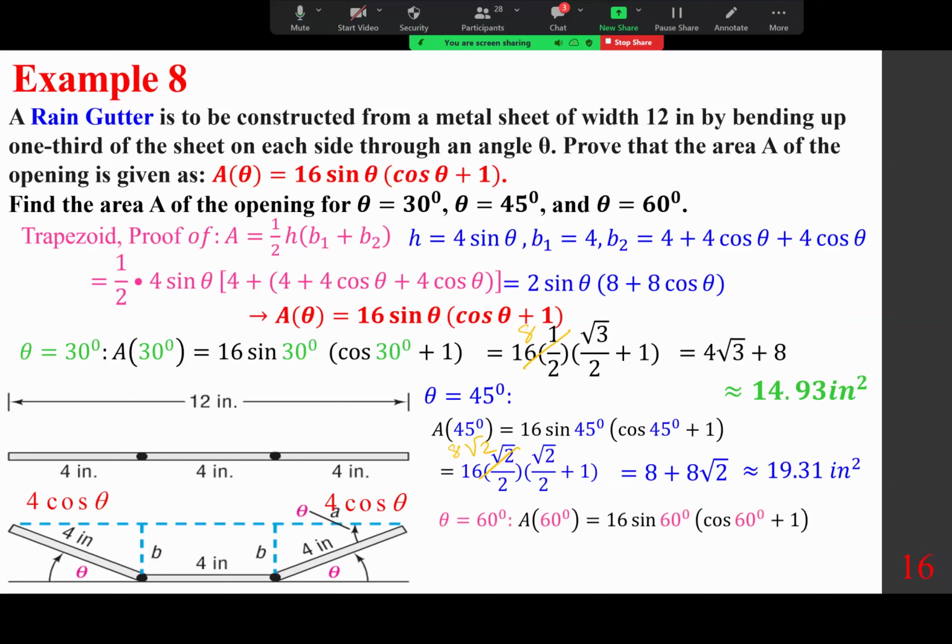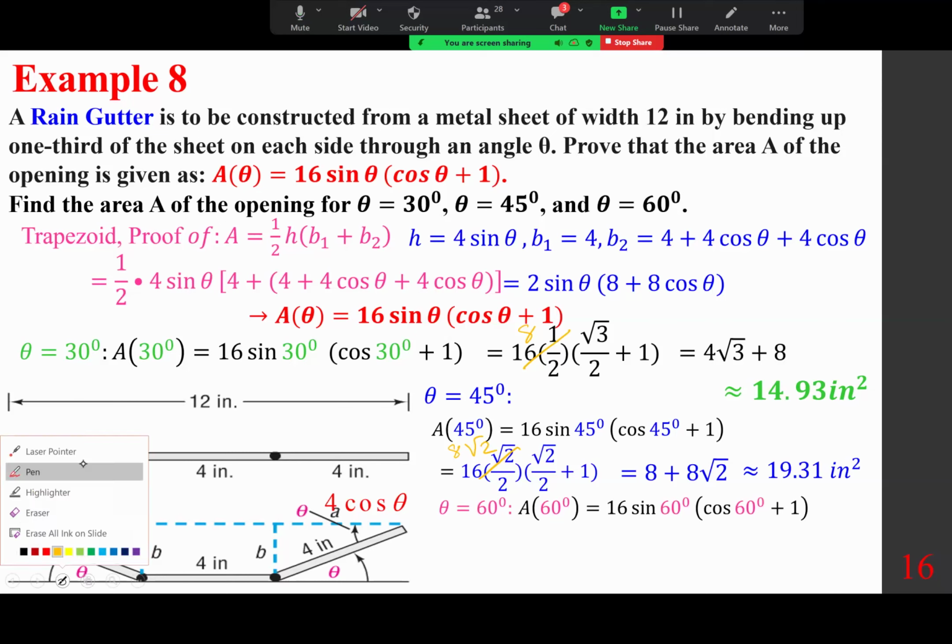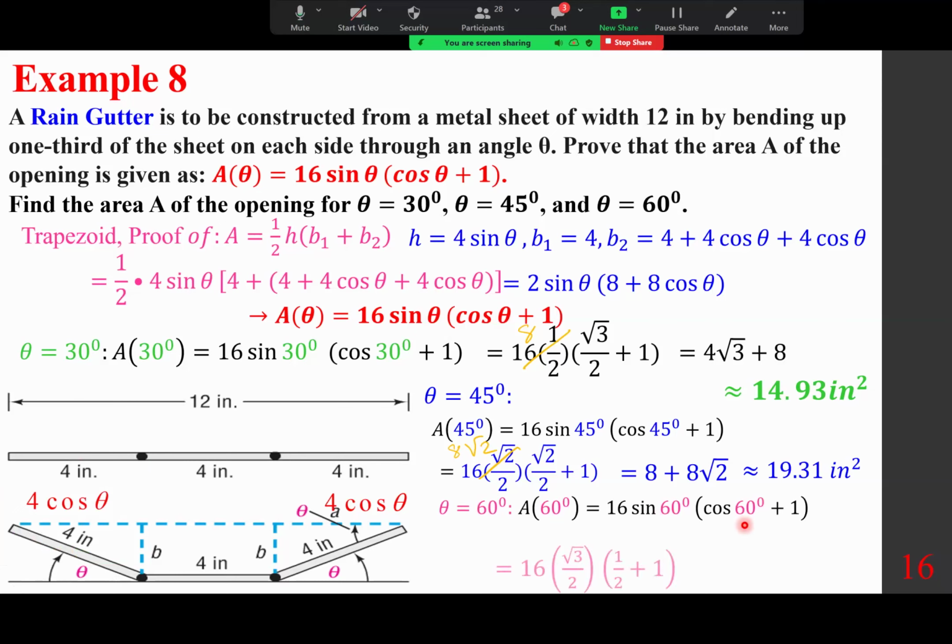We do the same thing with the 60 degrees. And for 60 degrees, sine of 60 degrees is square root of 3 over 2, and cosine is 1/2. 16 divided by 2 is 8, so 8 square root of 3 times 1/2 plus 1.